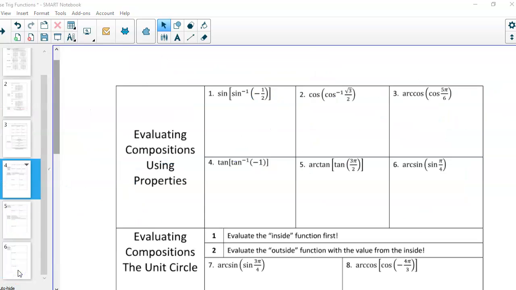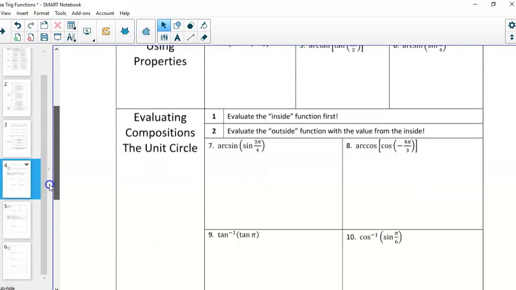Left off here, we went over those 6. Yes, okay. So those were the examples with sine and its inverse, cosine and its inverse, tangent and its inverse, seeing where they really canceled and where they didn't.